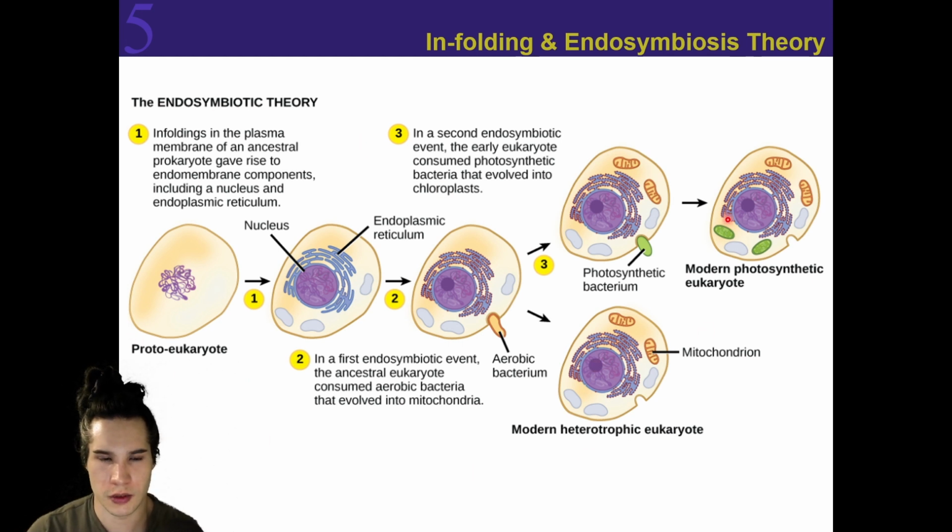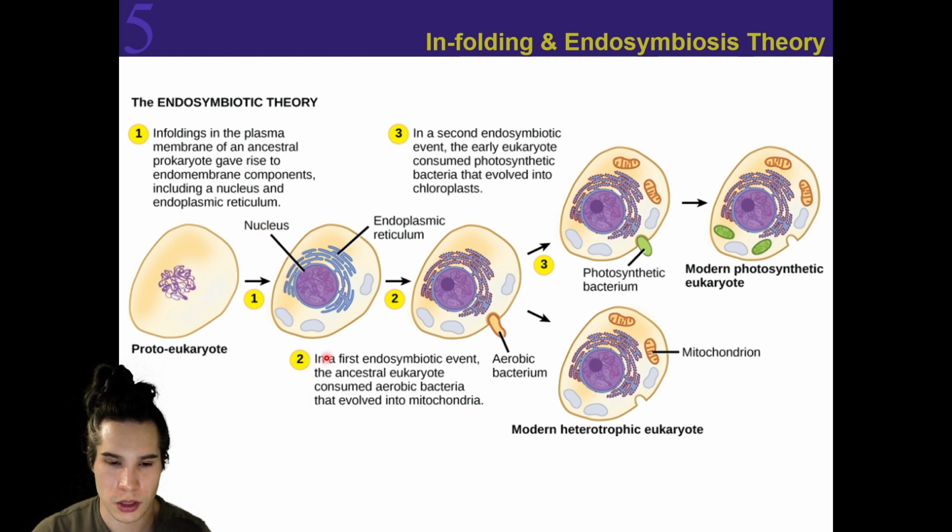So here's an overview of a few of the events that may have happened. First, you get infoldings of the plasma membrane of an ancestral prokaryote, which gave rise to endomembrane compartments. Those are things like your nucleus, your nuclear envelope, as well as your endoplasmic reticulum. Then in the first endosymbiotic event, that's just consuming something and then having some form of symbiotic or codependent relationship with one another.